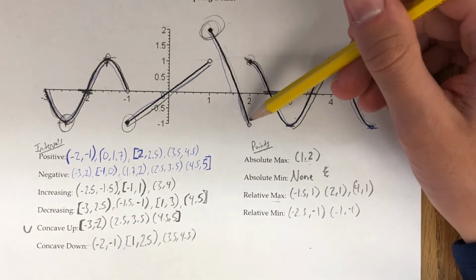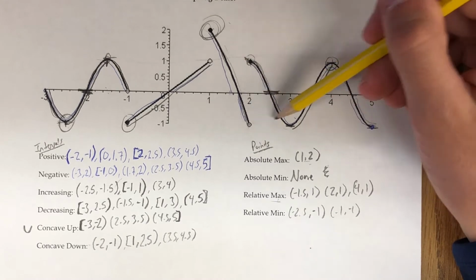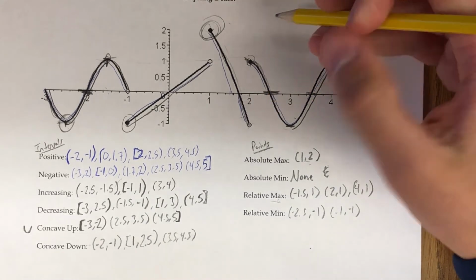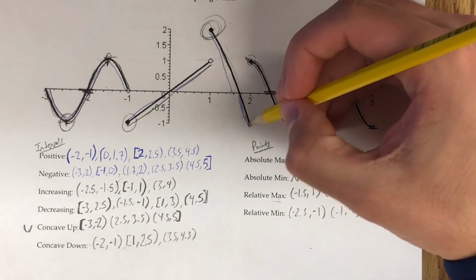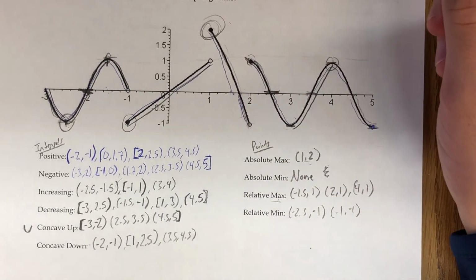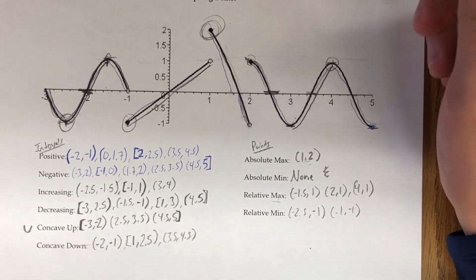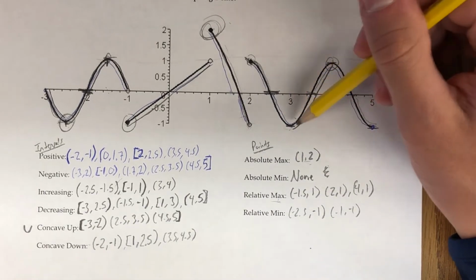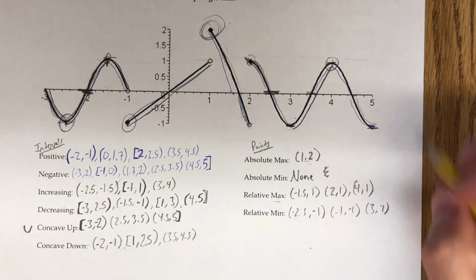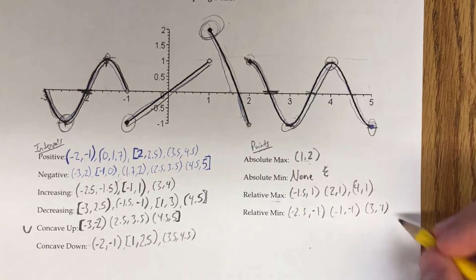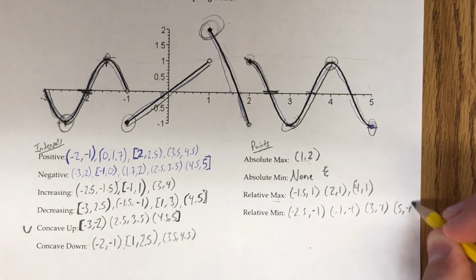And in addition, the points surrounding it, to the left and right, it is the lowest, but this isn't technically a point, so we can't really describe it as a relative min. Whereas we can describe this one because it is an actual point at 3, -1, as well as this one here at 5, -1.